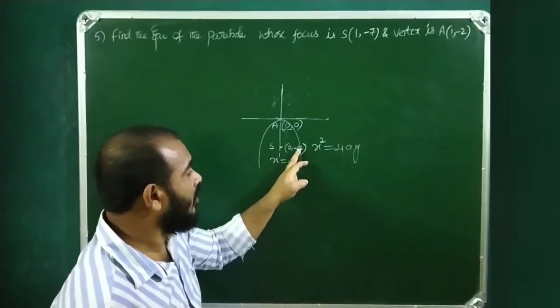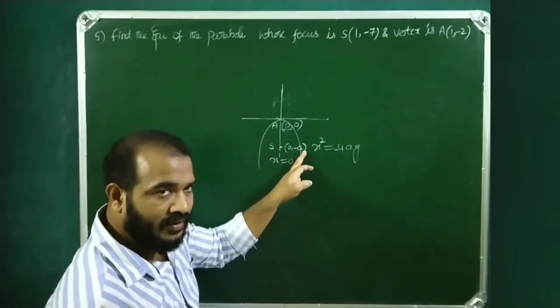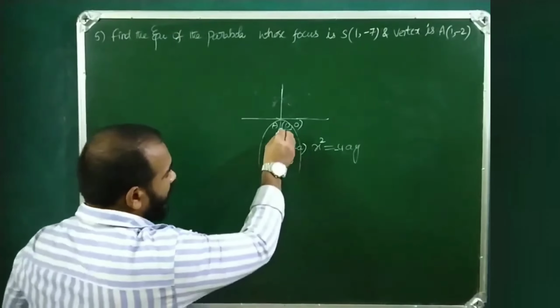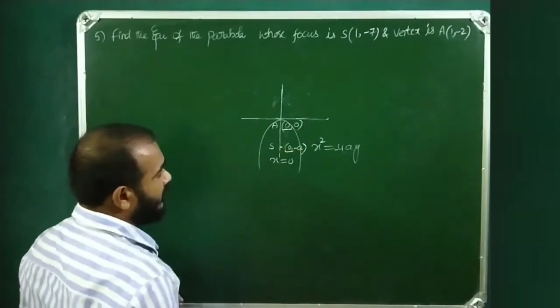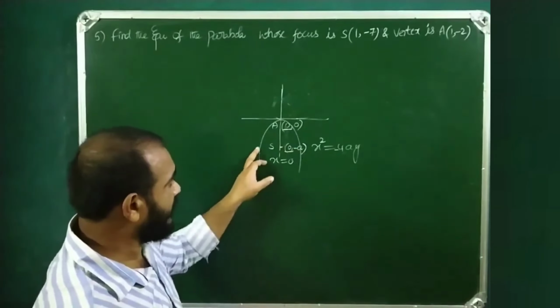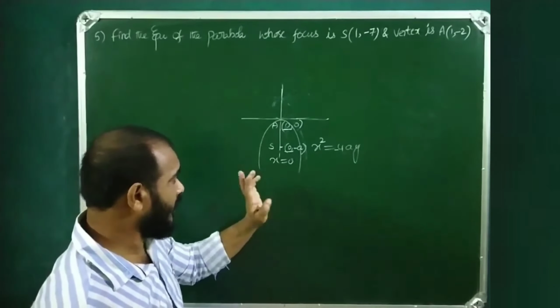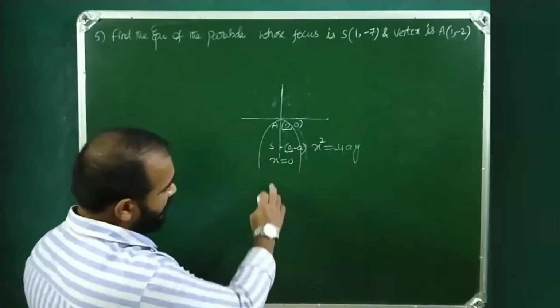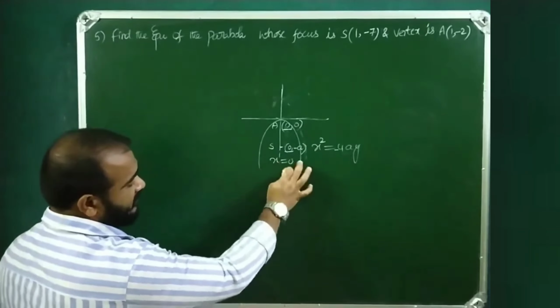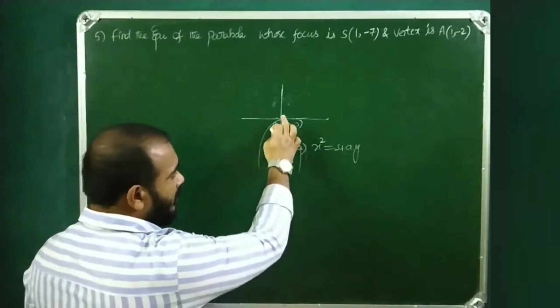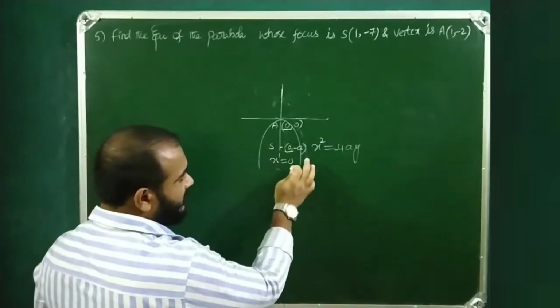Therefore minus a, on y-axis x coordinate is 0. Here also x coordinates are equal. The parabola is symmetric about y-axis. Okay, now. And still the axis is the y-axis, x equals to 0.